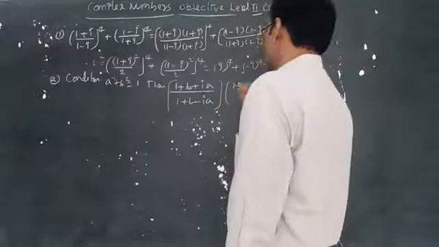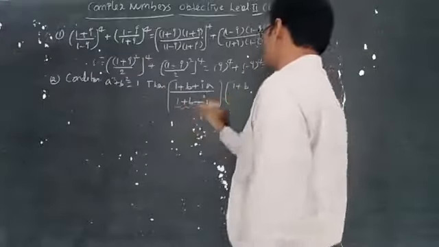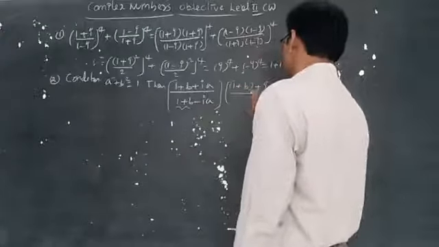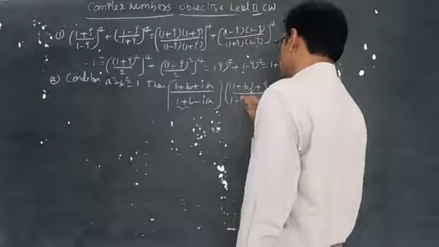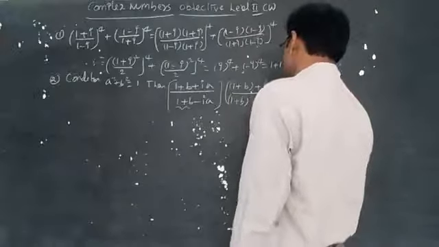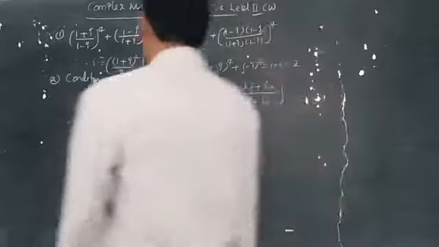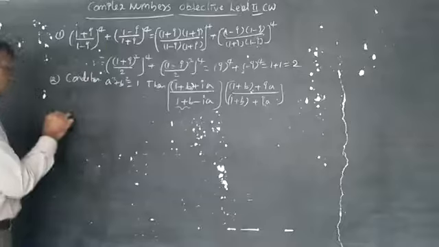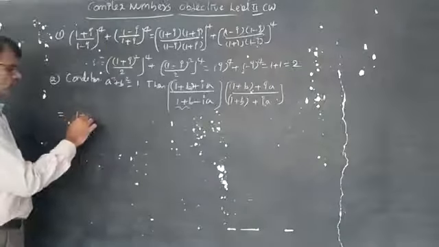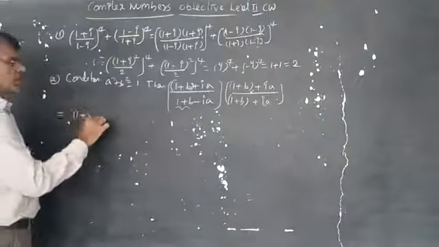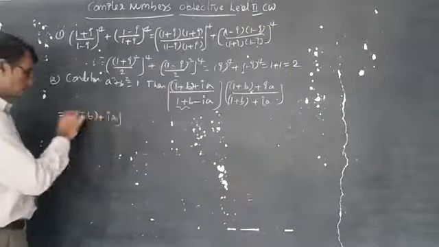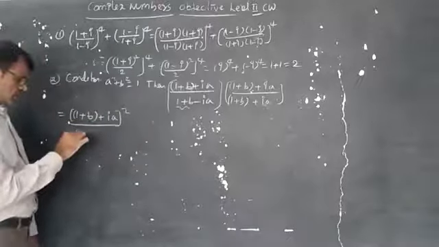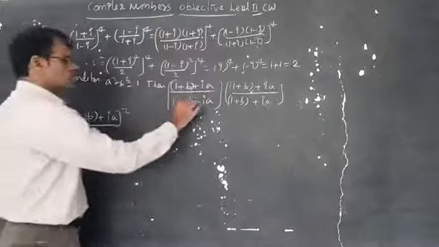So 1 plus b plus ia, put a bracket, 1 plus b plus iota a by 1 plus b plus iota a. That is equal to, this is of the form like this, so completely you can understand here (1 plus b plus ia) total whole square by denominator, (a plus b) into (a minus b) concept.